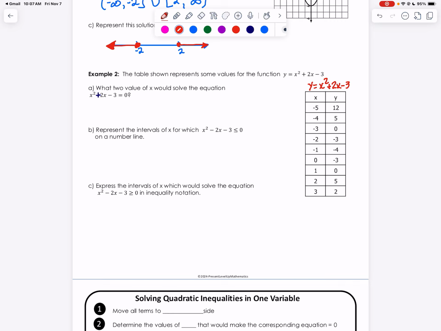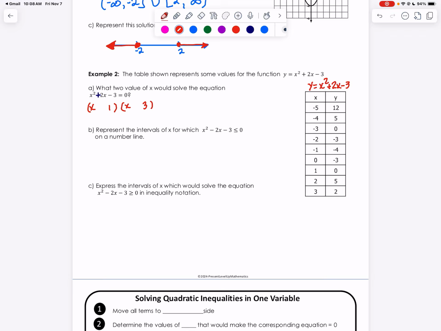Okay. In question A, they want to know what two values of x would solve the equation x squared plus 2x minus 3 equals 0. Well, if we solve this by factoring, we would have to use an x and an x to get x squared. We'd have to use a 1 times 3 to get 3.